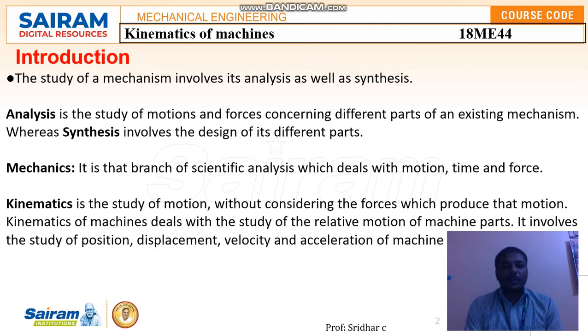Whenever we are generating any type of motion, there will be some forces acting on that motion. If we convert from one form of motion to another, or generate any motion, such as reciprocating, linear, or oscillating motion, normally some forces will be there.